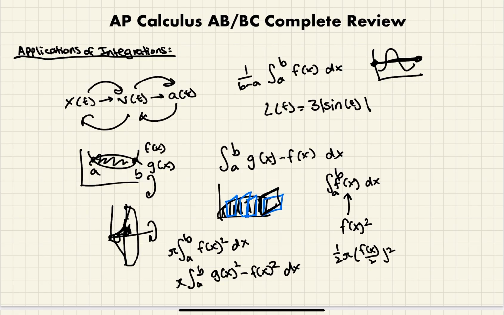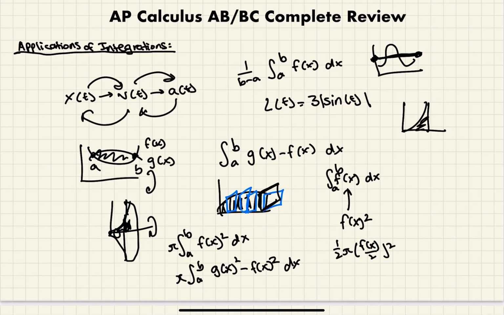You can also do cylindrical shells, which is when the rectangles are parallel to the axis. So if you have something like this, just like before, but the axis is here, you would use cylindrical shells, and you would get something like that. The formula for that is 2 pi times the integral of a to b of f of x dx.